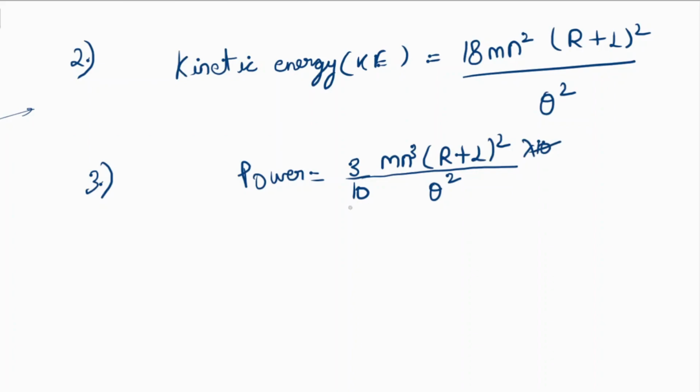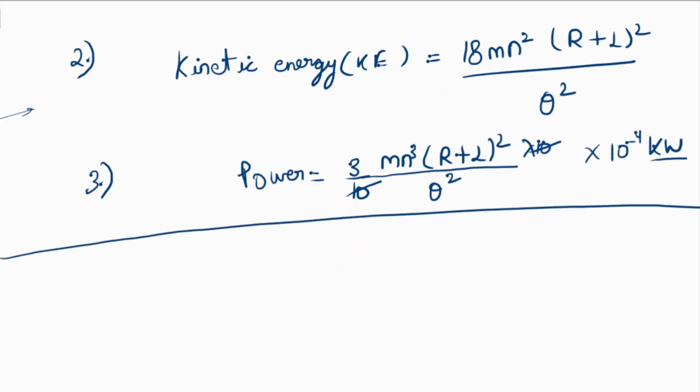So this 10 will get cancelled: 3 m n cube (R plus L) whole square upon theta square. It is in watt. If you multiply, then it will be 10 to the power minus 4 kilowatt. This is the entire formula for power. So what you can deduce is that power is directly proportional to n cube, power is inversely proportional to theta square, and power is directly proportional to (R plus L) whole square.